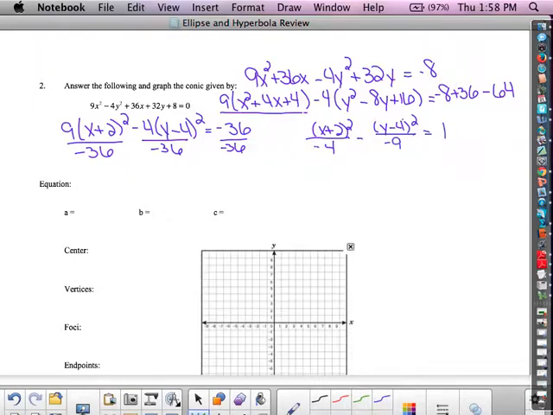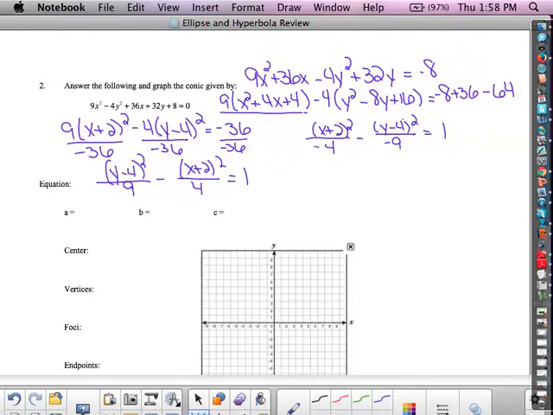Leave those two fractions intact and move the y to the first position, so you have (y minus 4) squared over 9, then minus (x plus 2) squared over 4 equals 1.